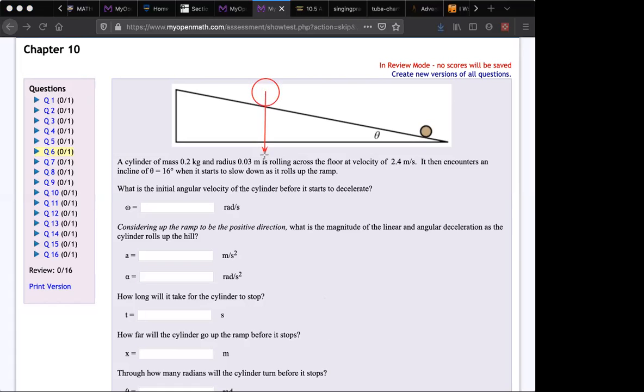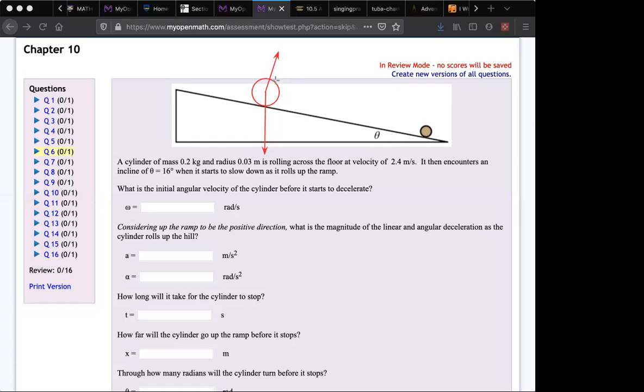And then there are two other forces on this, I suppose. There's the normal force, which pushes upward on it this way. But the only other force besides these two is the friction.